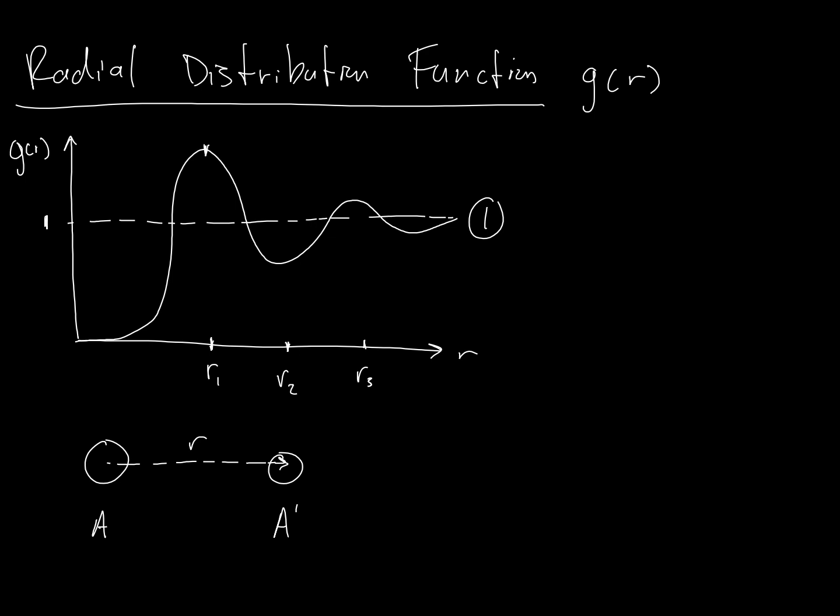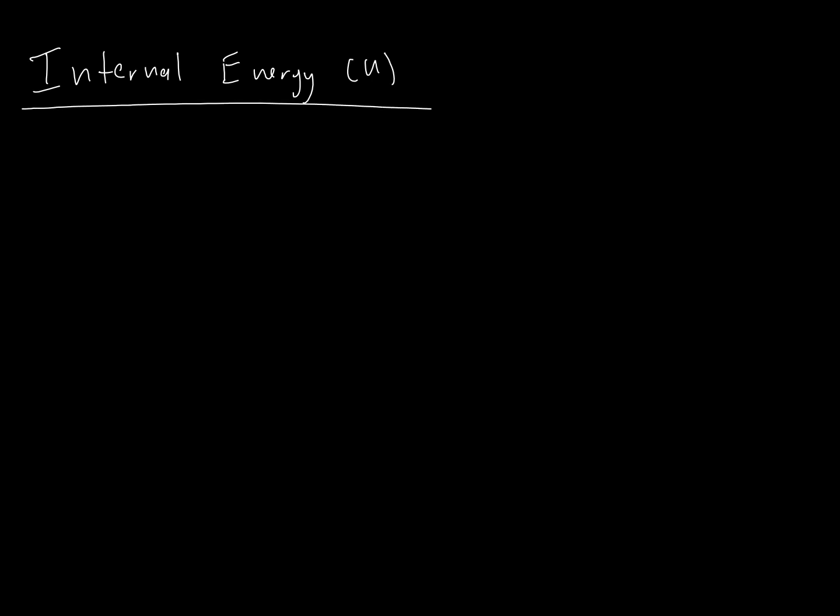So for the homework, you are going to need a couple of relationships. Let me go over those really quickly before we go into the details of how we actually calculate the radial distribution function. So the internal energy: we can use the radial distribution function with the pair potential to determine how much energy is stored in the intermolecular structure of the fluid.